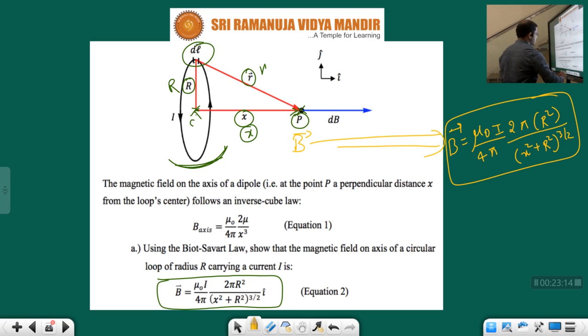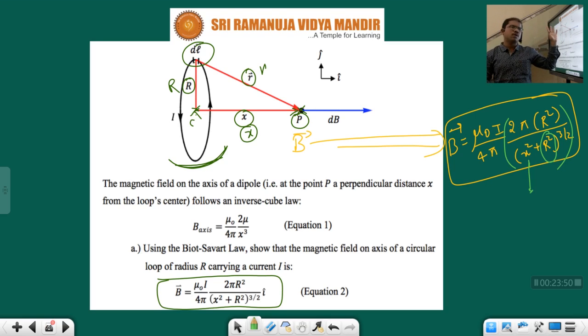So this is the formula, children, for up to objective level. If you can remember this formula, that's more than enough, but you need to identify at what distance P is placed, that is x, and the radius of the circle is capital R. In the question, the current I passing through the wire will be given, and capital R, the radius of the circle, and the distance x of point P will also be given.